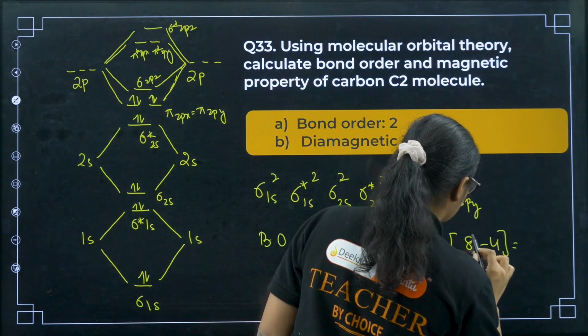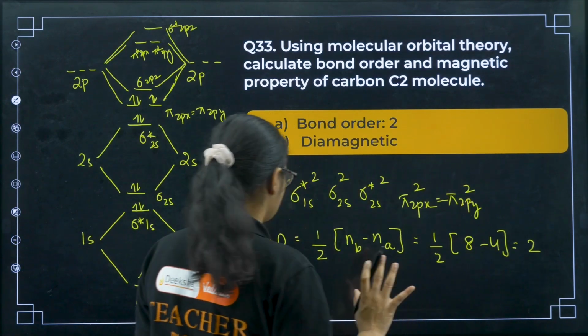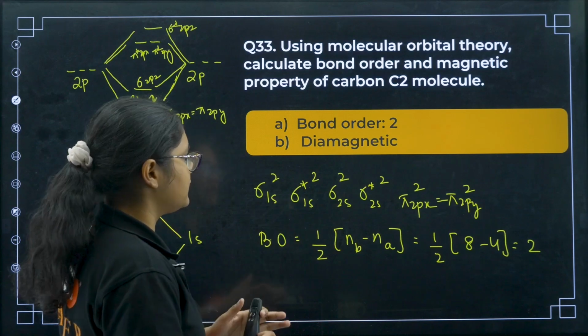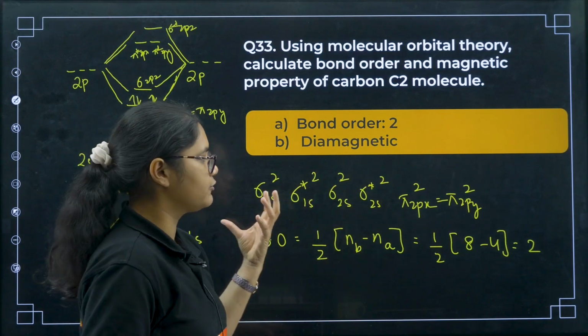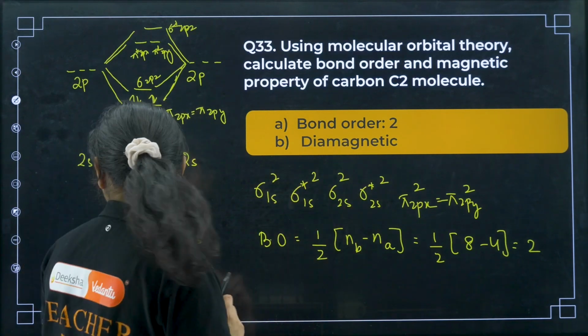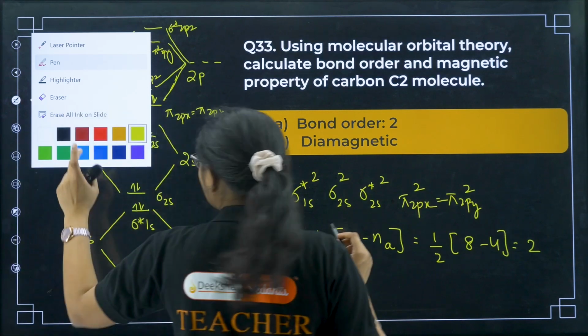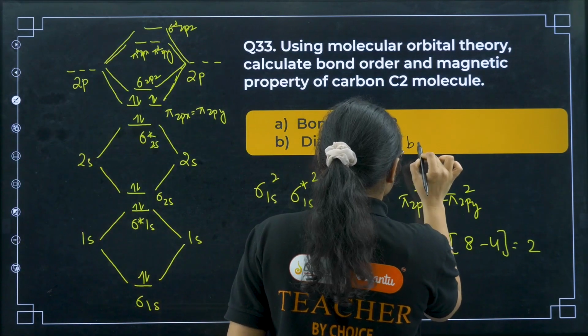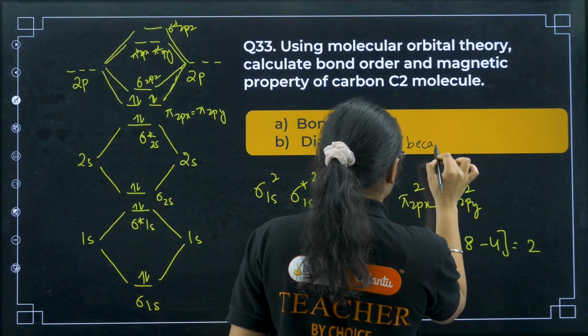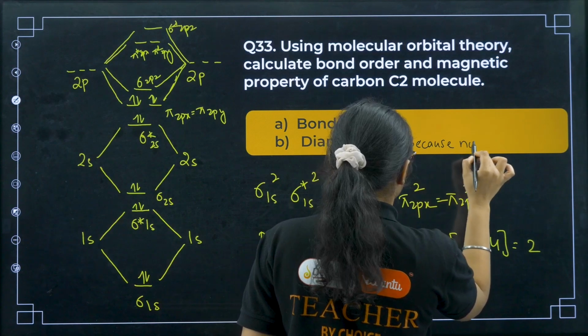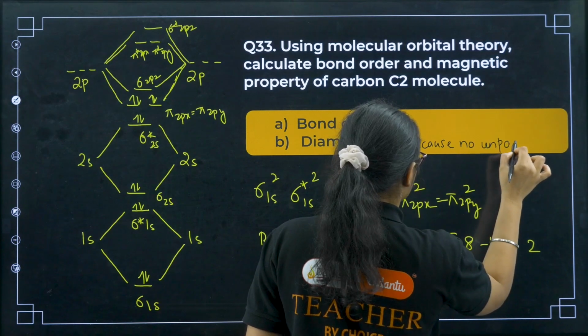So 8 minus 4, 4 by 2 is 2. So bond order is 2. Now diamagnetic, you can see there is no unpaired electron. So the magnetic property is diamagnetic. Here you should also explain that it is diamagnetic because no unpaired electrons are present.